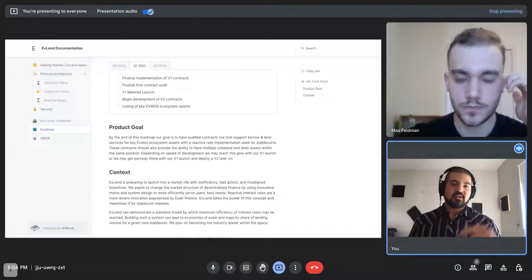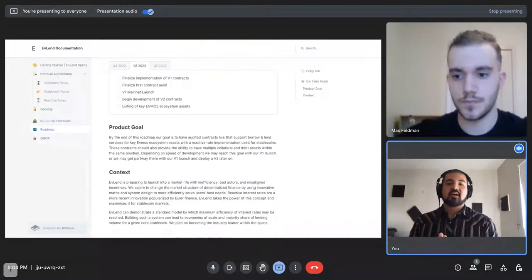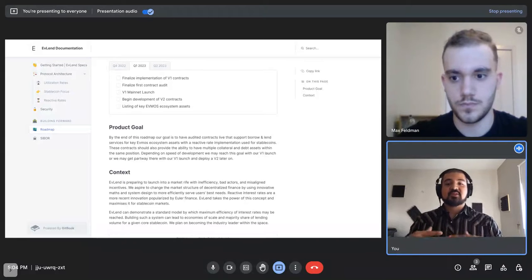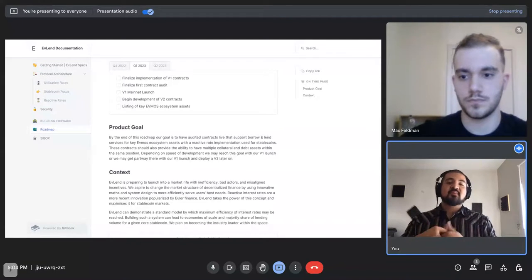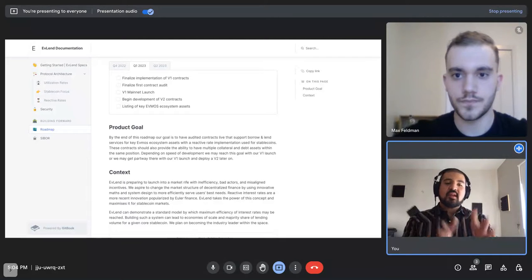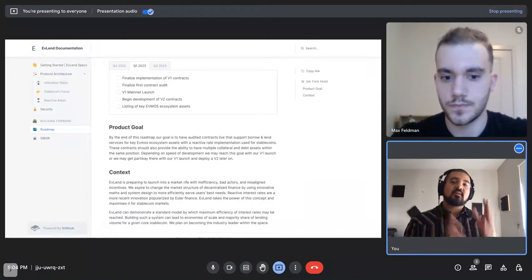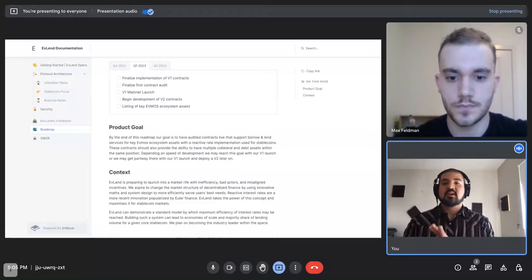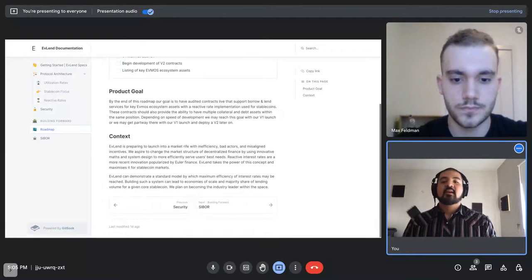So these contracts should provide the ability to have multiple collateral and debt assets within the same position. Depending on the speed of development, we may reach this goal with our V1 launch, or we may only get partway there and then launch a V2 to fully get that done all the way.